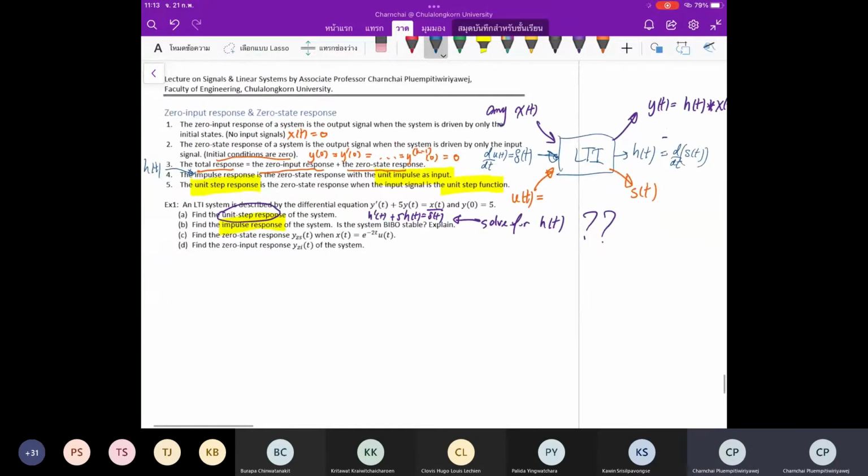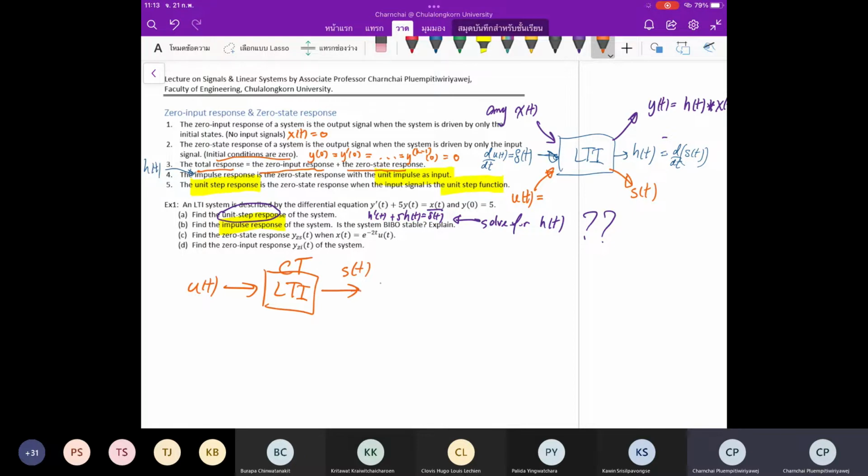To solve for the impulse response, we find the unit step response first. We feed in u(t), the unit step signal, into the continuous time LTI system, and we get out s(t).